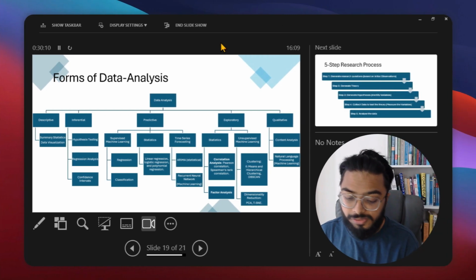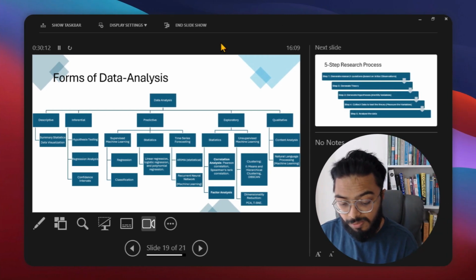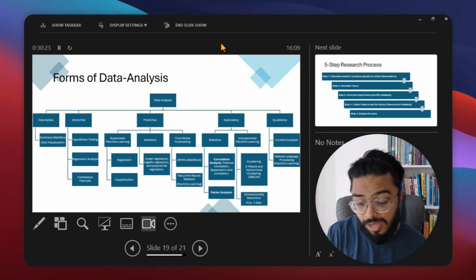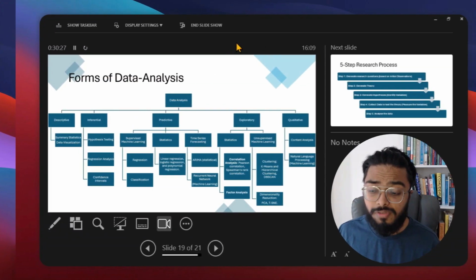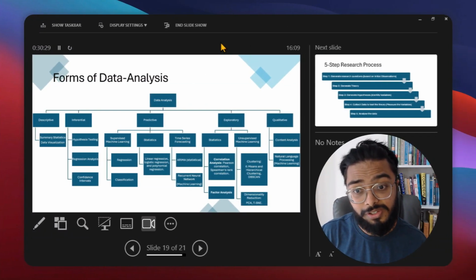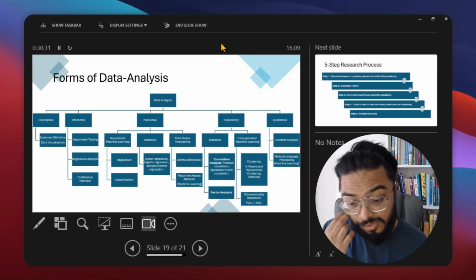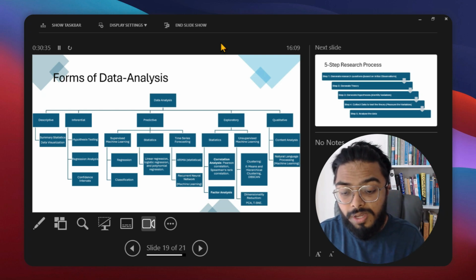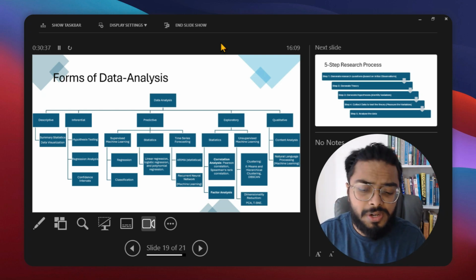Then there is exploratory analysis, where we find patterns and relationships, like correlation analysis, to explore the relationship between therapy duration and outcomes. And of course, qualitative analysis is there all the time, which is what qualitative researchers use, right? It's about interpreting non-numeric data.